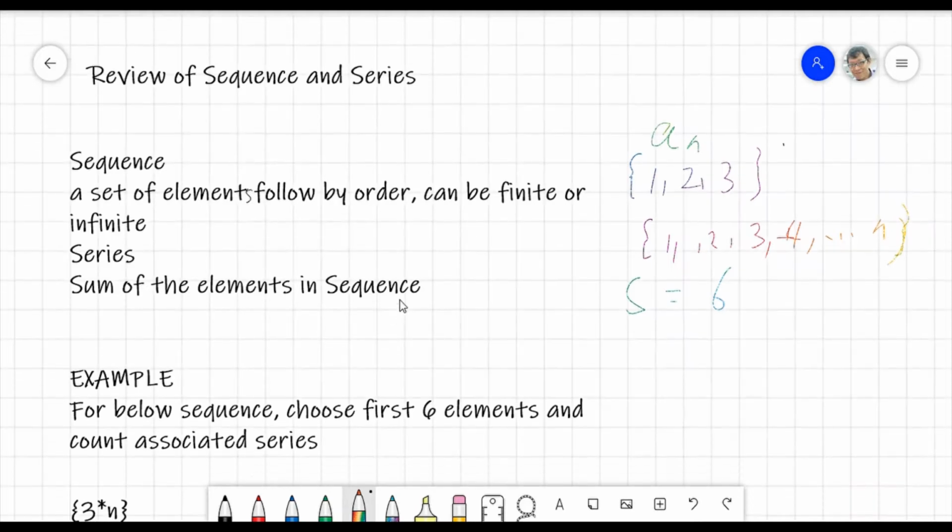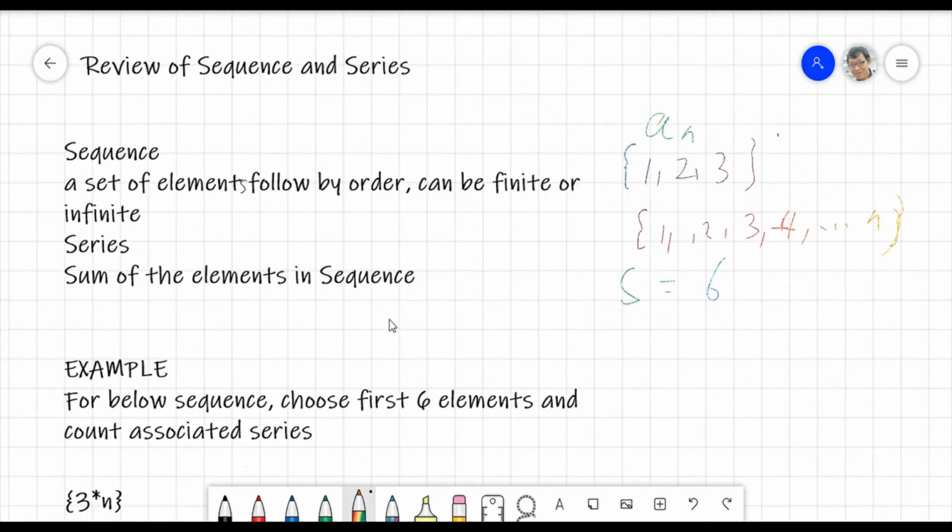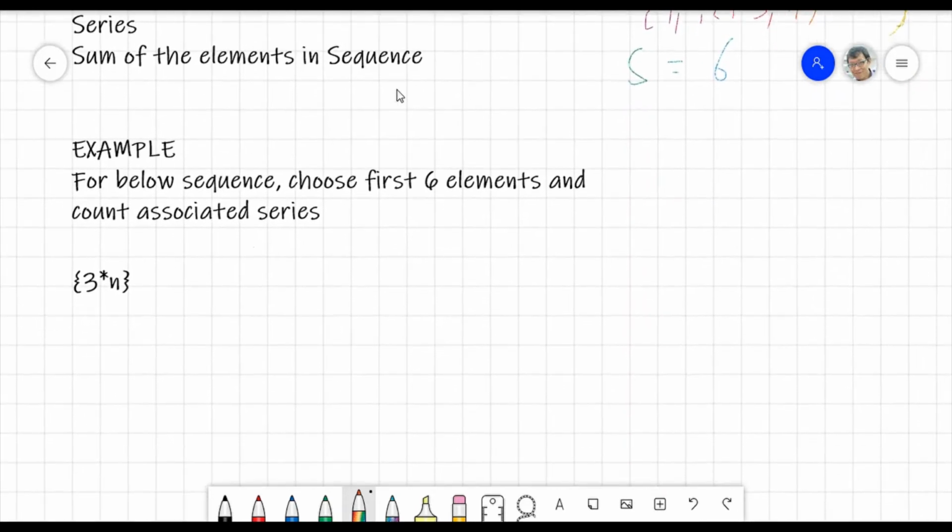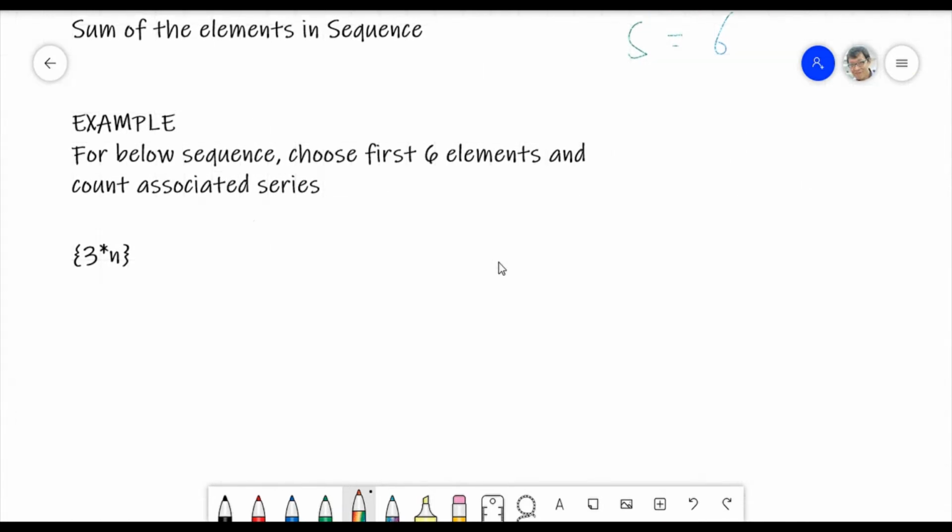Since we now know what a sequence is and what a series is, let's see some examples. For the sequence below, choose the first six elements of this set and count the associated series, so the sum. Definitely this is a sequence, right?